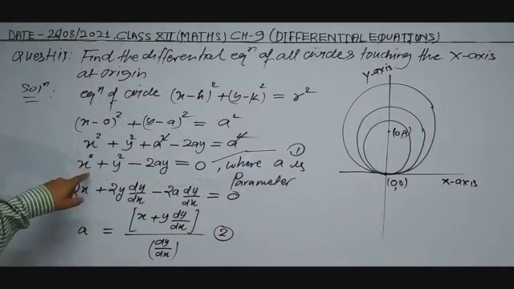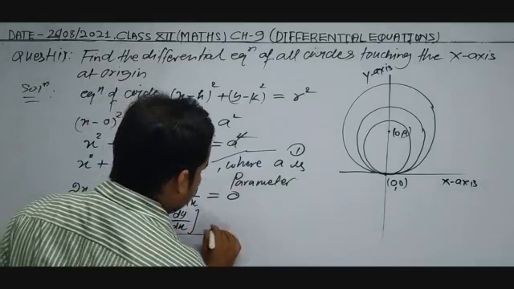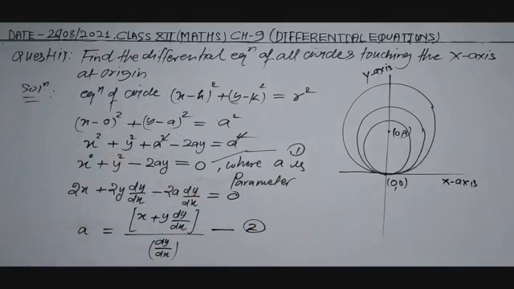This is of the form of x, y and a, in terms of a, y and x. Now if we eliminate a with the help of this equation, then the equation you get will be the differential equation.